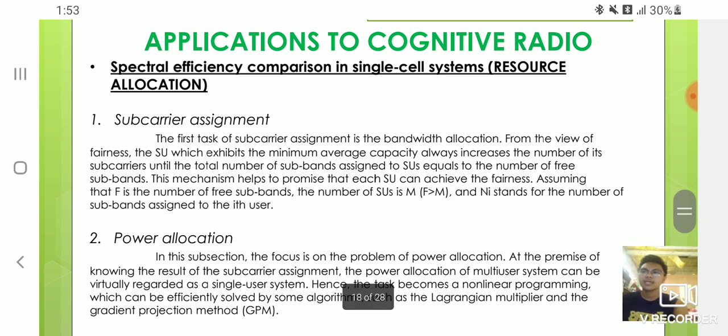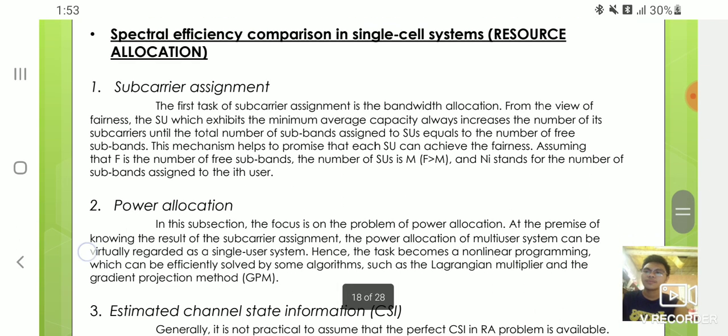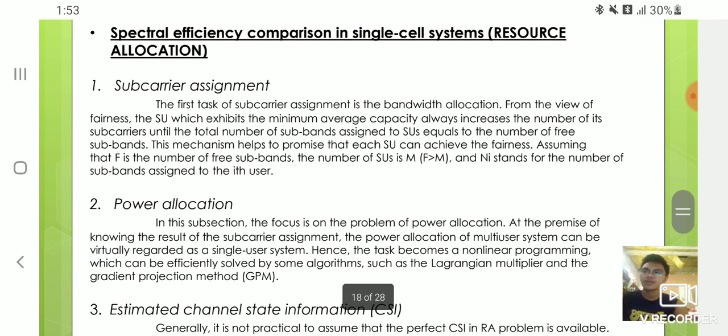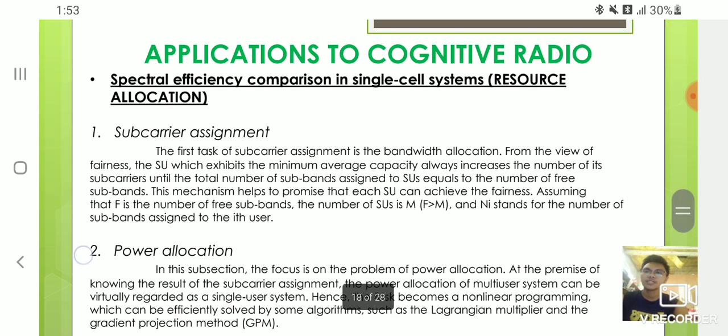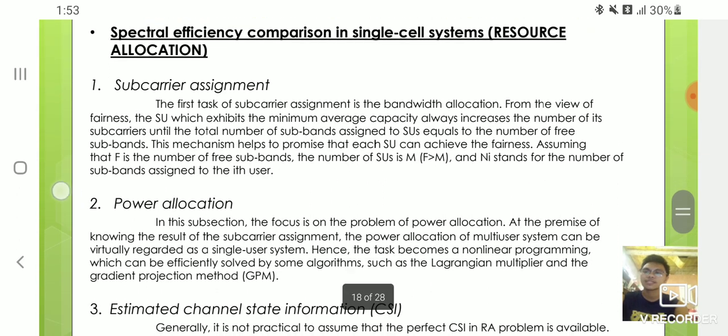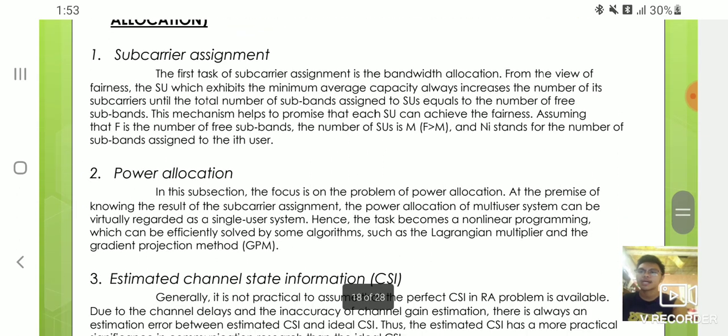Next is the spectral efficiency comparison in single cell systems, resource allocation. We have three resource allocation steps here. First, we have the subcarrier assignment. The first task of subcarrier assignment is bandwidth allocation.